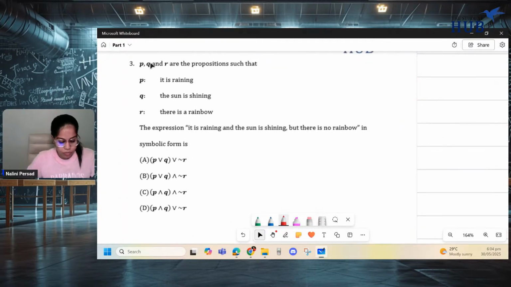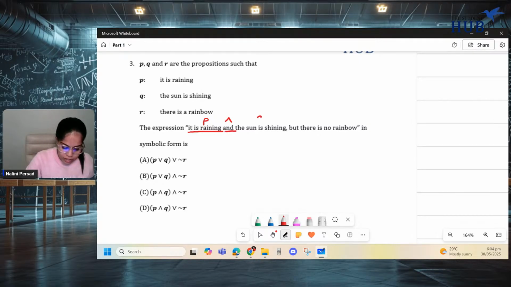Question 3. P, Q, and R are the propositions. P, it is raining. Q, the sun is shining. R, there is a rainbow. So for this question, you want to take an English statement and put it into mathematical terms. It is raining is the statement P. The symbol for and.